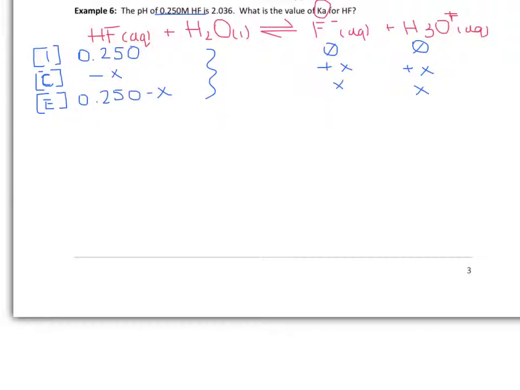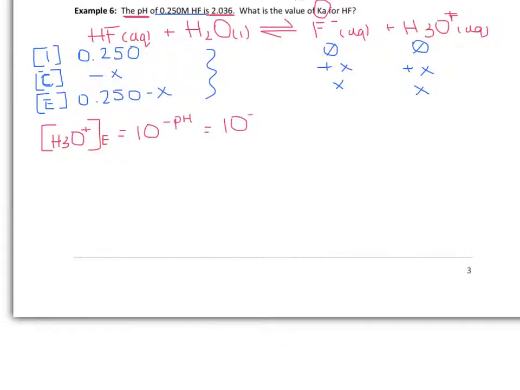Once you have your ice table set up, we go back to the question for the extra piece of information, and that would be that the pH is 2.036. Just like in example number 5, from the pH you can find the hydronium ion concentration at equilibrium using 10 to the negative pH.